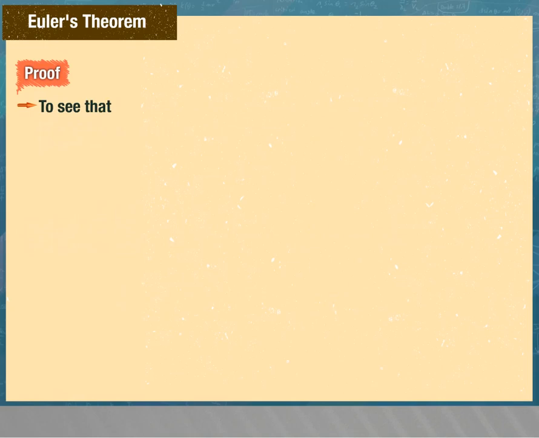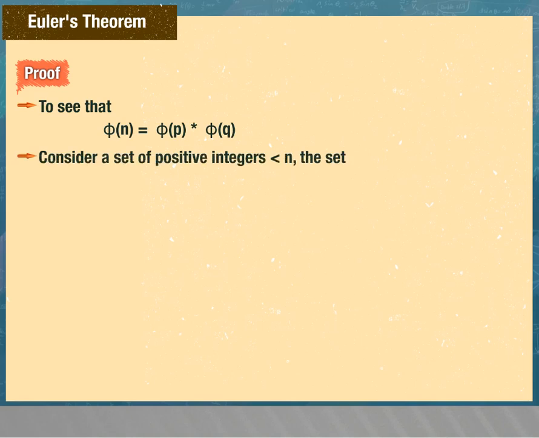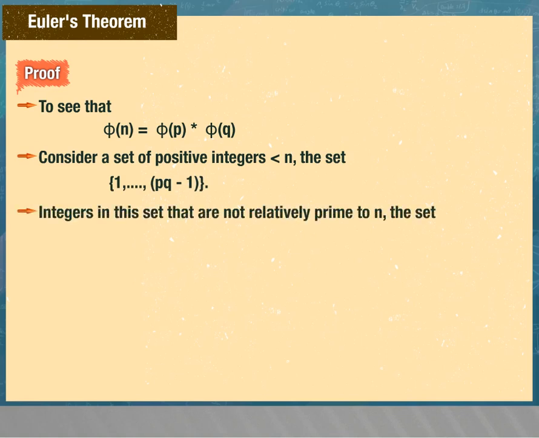Proof. To see that phi of n is equal to phi of p into phi of q, consider the set of positive integers less than n. The set is 1 and so on up to pq minus 1. The integers in this set that are not relatively prime to n are the set p, 2p and so on up to q minus 1 into p, and q, 2q and so on up to p minus 1 into q.